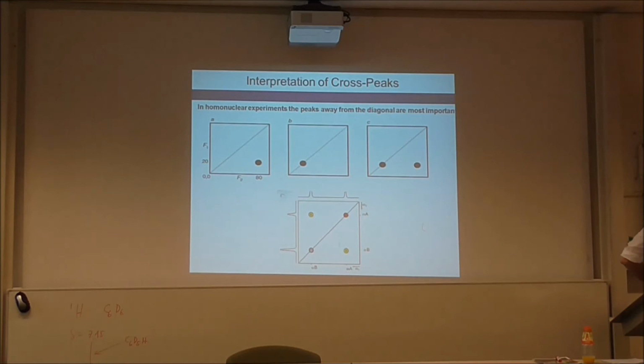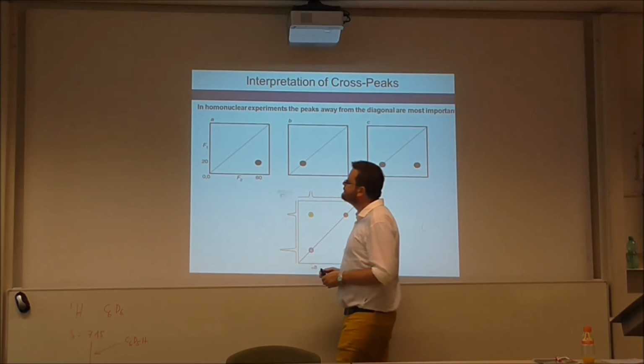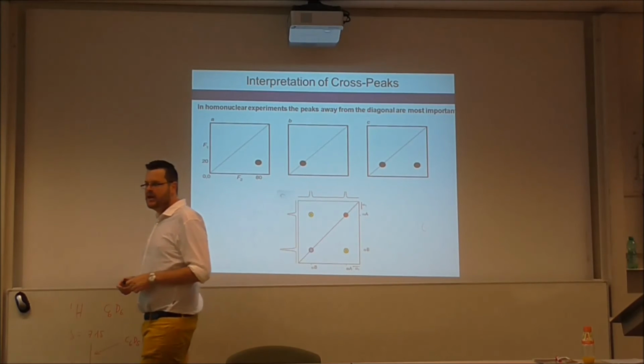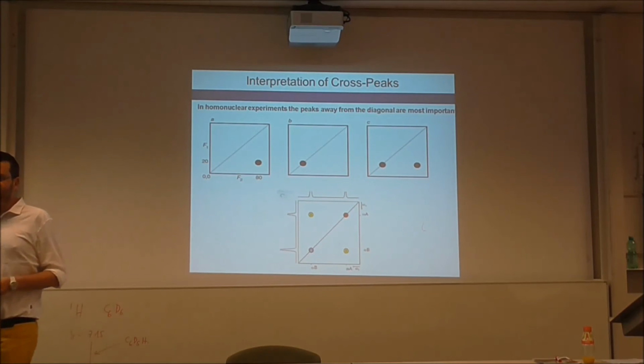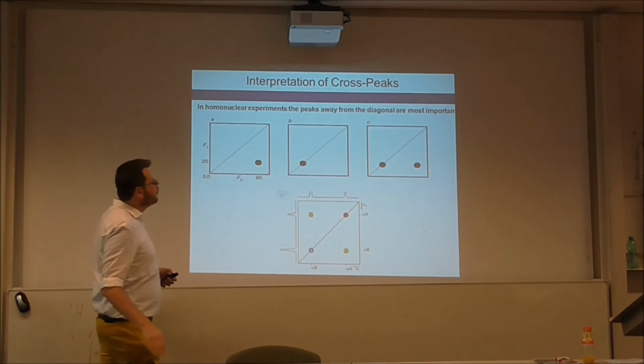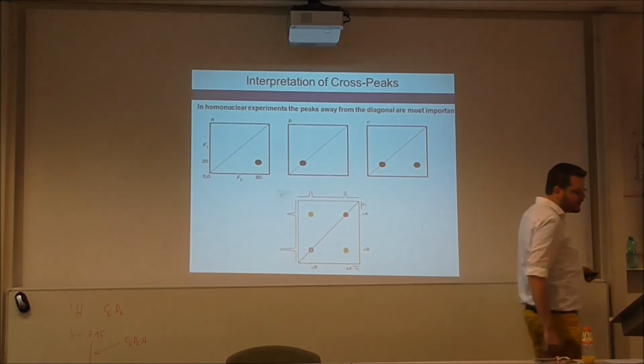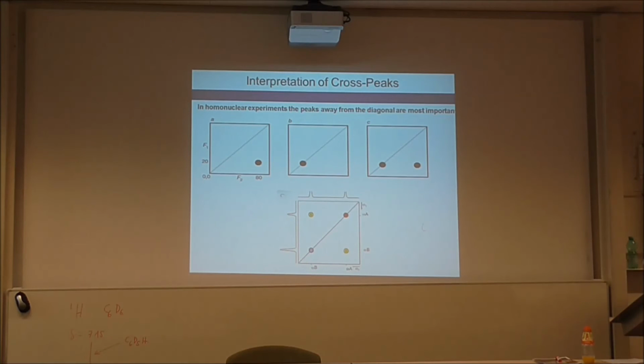Now, we talk about a diagonal. If we're doing homonuclear correlation, of which HH-COSY is the most important, the off-diagonal cross peaks are the most important.